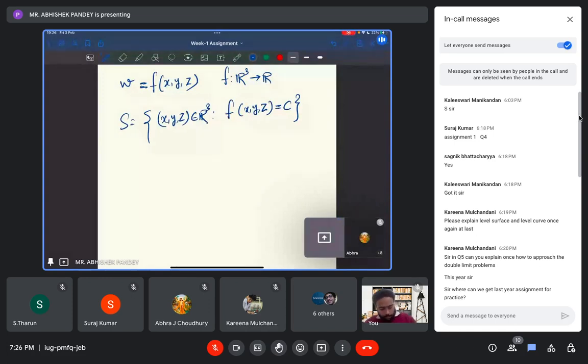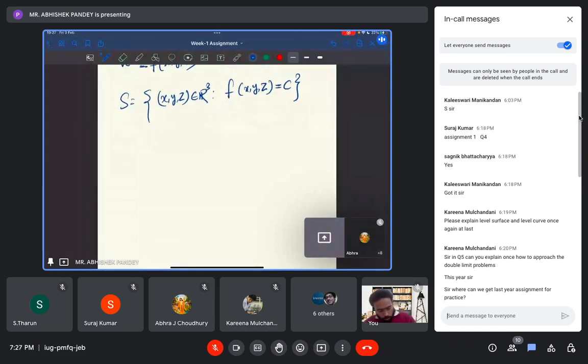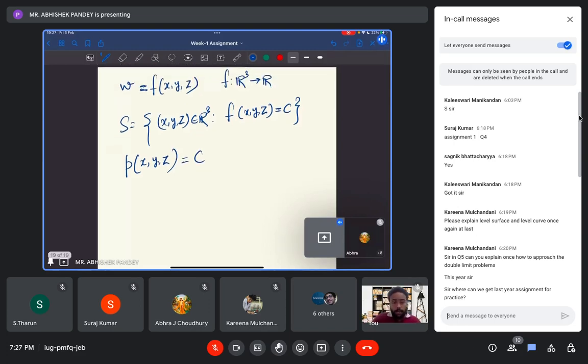Because in this case, suppose you have some polynomial equation f in x comma y comma z. Observe that this function f is continuous.